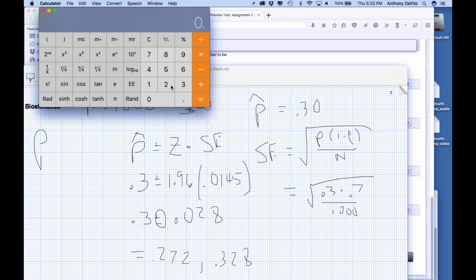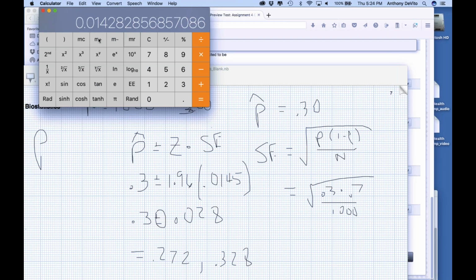Hang on a second. 0.15 times 0.85 equals this, divided by 625. Our standard error for that different sample size is going to be the square root of this number, which is 0.014, right? 1.4%, 0.014. I'm going to put that into memory plus.